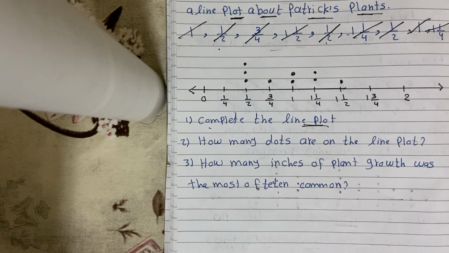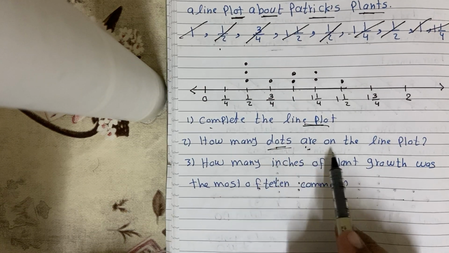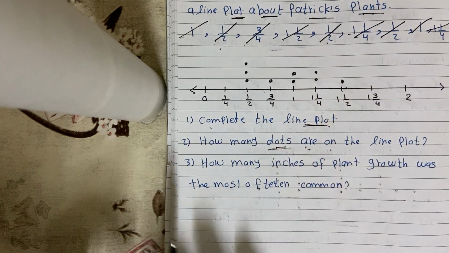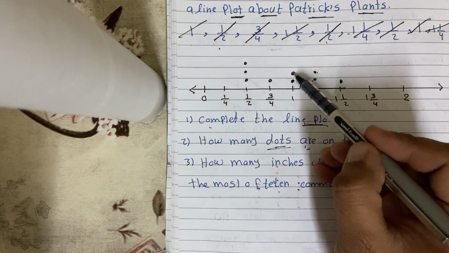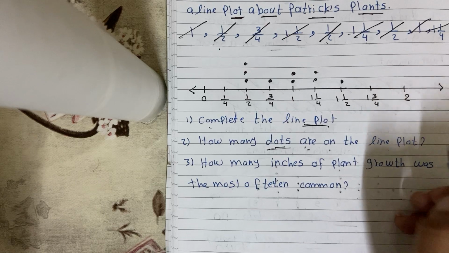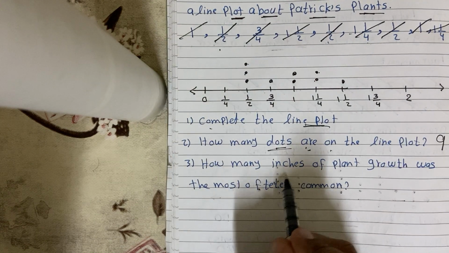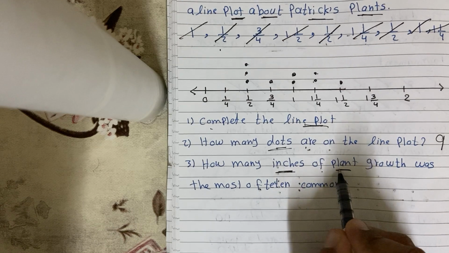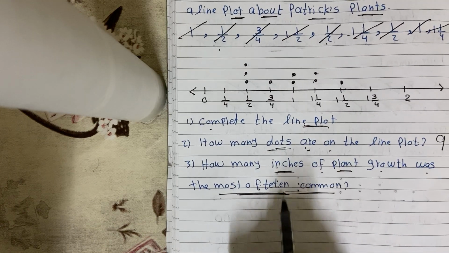Let's answer the questions. How many dots are on the line plot? Let's count. 1, 2, 3, 4, 5, 6, 7, 8, 9. So we have 9 dots. How many inches of plant growth was the most often common?